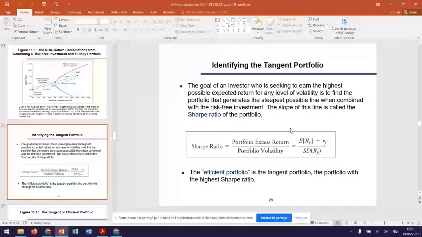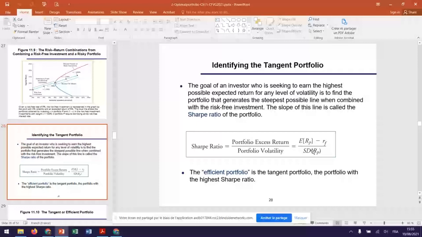The slope of this line is defined by Professor Sharpe, who got the Nobel Prize in economics, and it is called the Sharpe ratio. What is the Sharpe ratio? The Sharpe ratio represents the portfolio excess return, which is ERP minus RF, divided by SDRP.